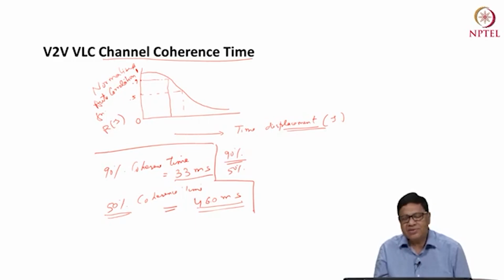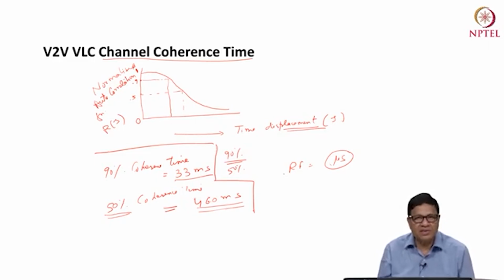But in the RF case, these values are in microsecond. So clearly, as far as coherence time is concerned, VLC is significantly better as compared to its RF counterpart, with coherence time of the order of a few tenths of a millisecond as against a few tenths of a microsecond in the case of RF.